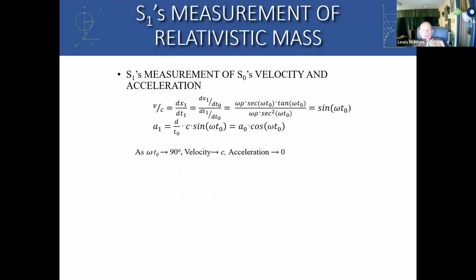We can take the differential of dx sub 1 with respect to dt sub 1 as shown, using the chain rule to express it in terms of dt sub 0. S1 will determine S0's velocity asymptotically tending to c, and the acceleration tending towards 0, as omega t sub 0 tends to 90 degrees.